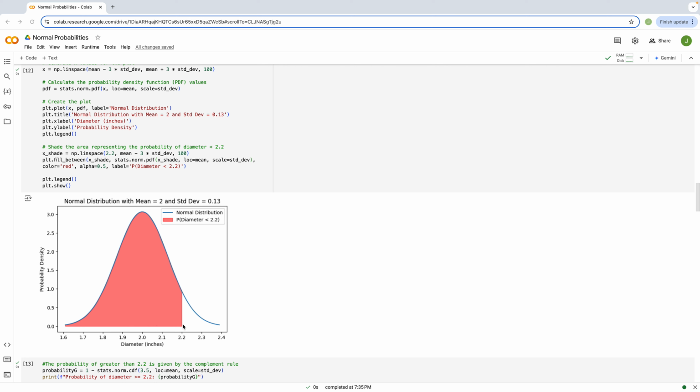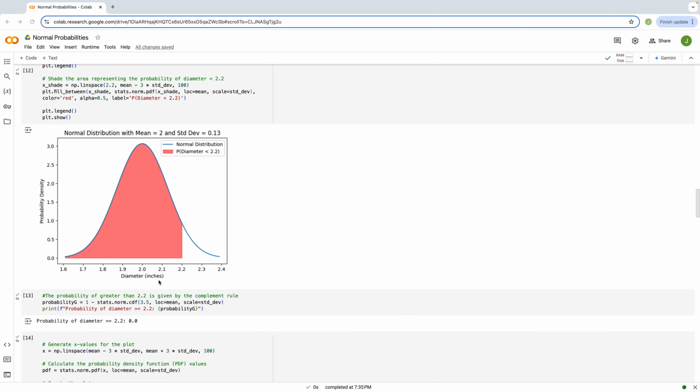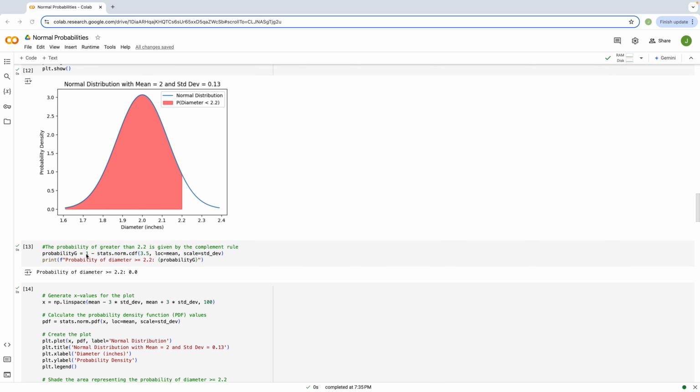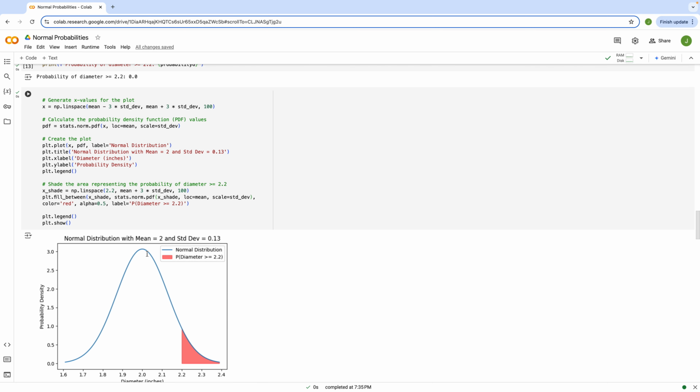So how do I get the probability of greater? Well, that's the complement rule, and I just do 1 minus. So I do 1 minus, and I calculate the greater than probability, okay, right here.